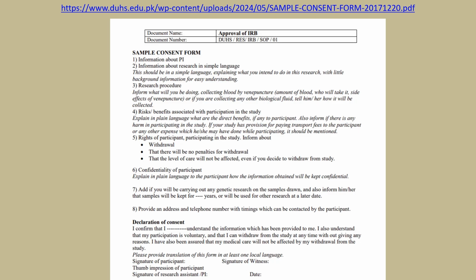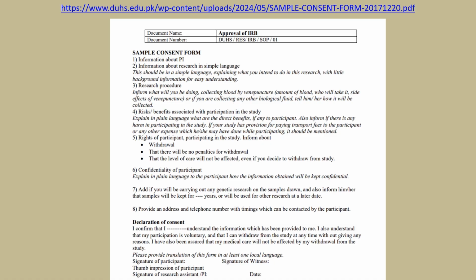Here, the informed consent sample form is available on the DOH's website. In the sample consent form, we have a total of 8 points and a declaration of the consent. The first point is information about the PI. The second point, information about the research in simple language. The third point, research procedure.